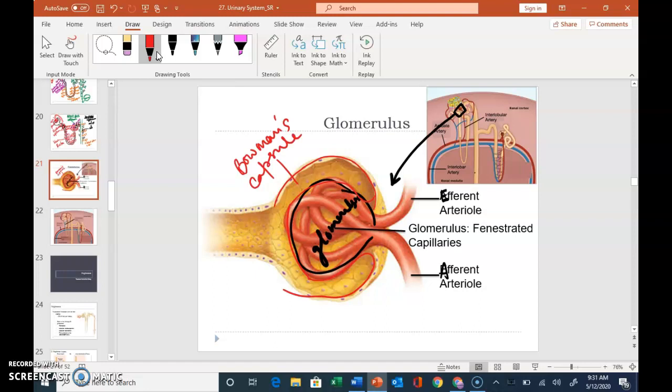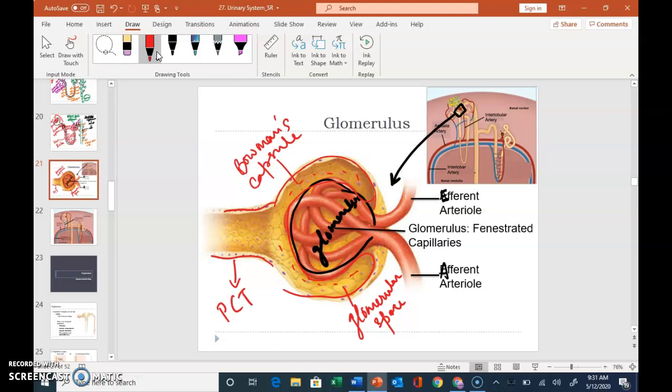And inside the Bowman's capsule, this space is called glomerular space. The Bowman's capsule leads to this part, which is part of the proximal convoluted tubule.